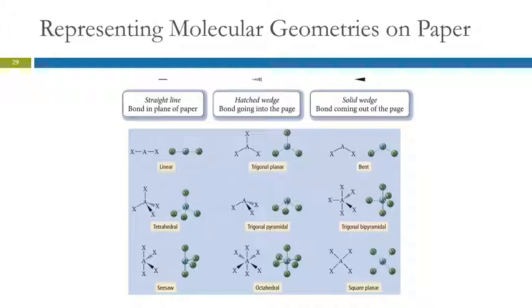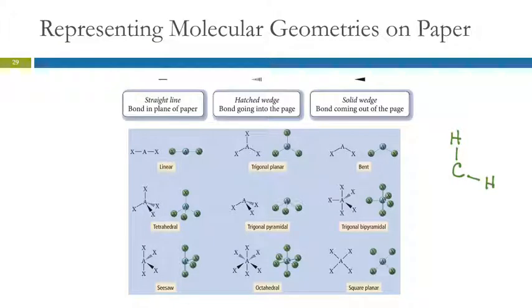This is your book's attempt to show you how we would represent three-dimensional things on a two-dimensional surface. So like if we were doing methane, you want to draw as much of it in the plane of whatever it is you're doing as possible. So I'd put these guys all in the same plane. They're just using regular lines.